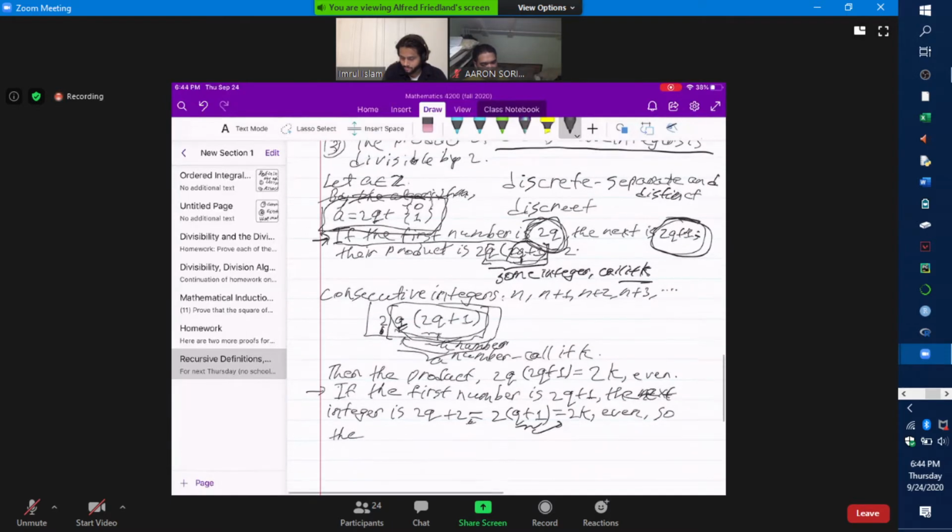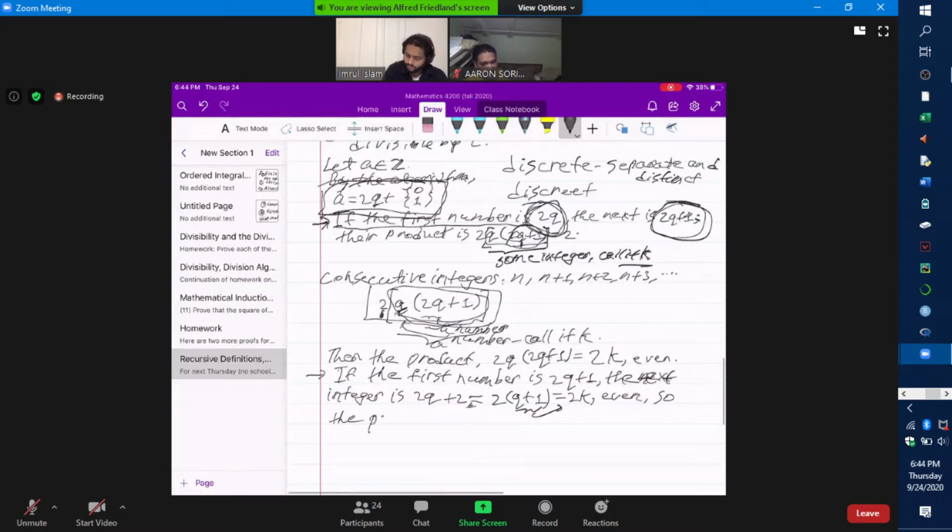So the product of these two numbers, the first number is 2q plus 1, the second number is 2q plus 2. The product that we're looking at, this is what we had to show, that the product of two consecutive numbers is even.